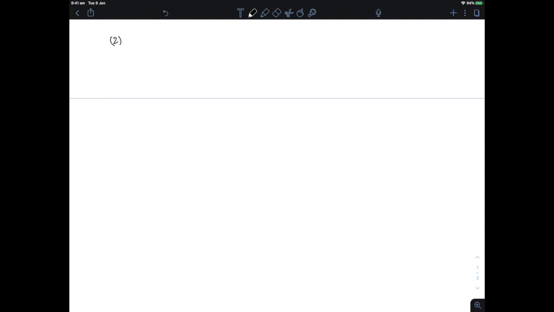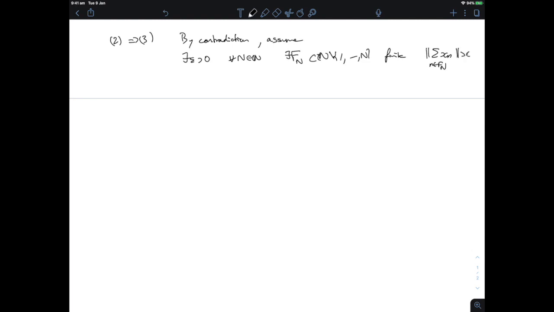Okay, so for 2 implies 3, we are going to work by contradiction. And we start by assuming that there exists an epsilon such that for all N in the natural numbers, there exists a finite set F_N, which is further into the natural numbers than the first capital N element, and such that the sum of x_n on that finite set F_N is greater than epsilon.